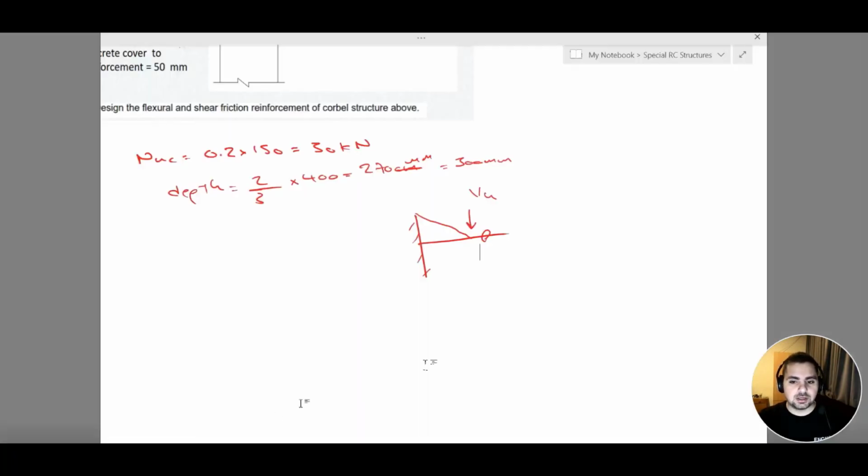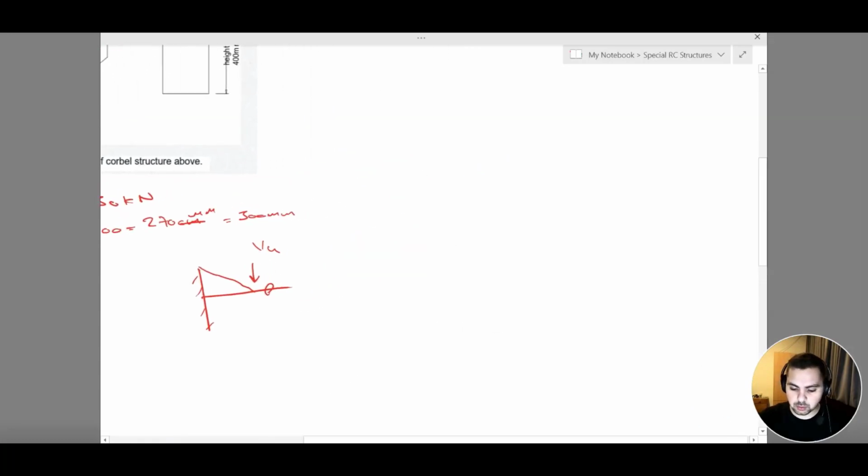So let's go back here. We said P over A is less than or equal to 0.2 F prime C. My F prime C is 25, so P over A is less than or equal to 0.2 times 25, which is equal to 5 MPa.